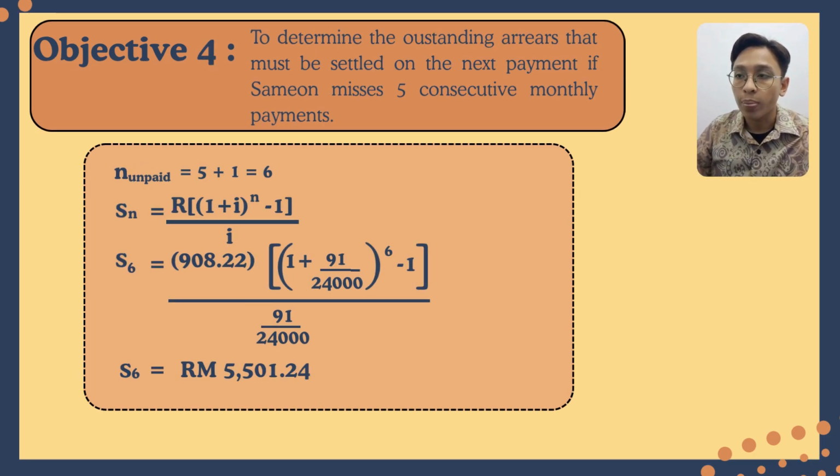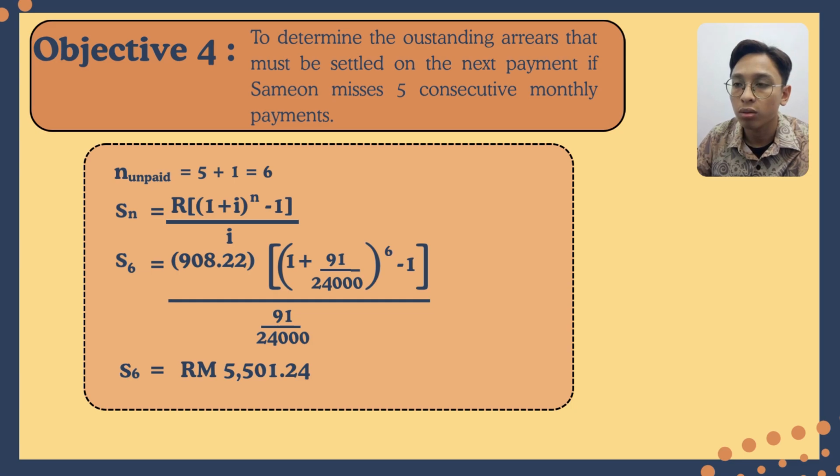Objective 4. We need to determine the outstanding arrears that must be settled on the next payment if Samion misses 5 consecutive monthly payments. N unpaid equals 5 plus 1, equals 6.